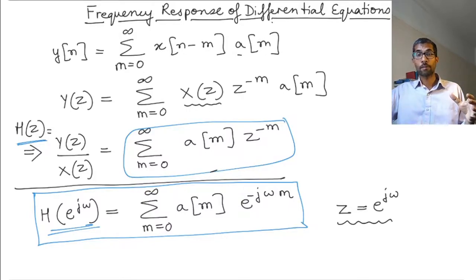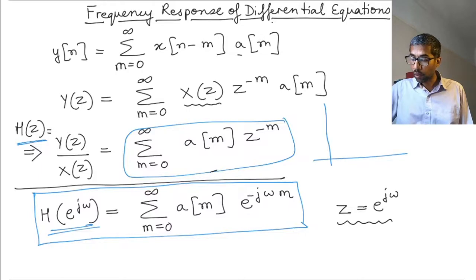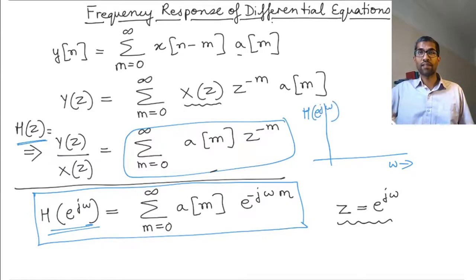And once you get that, if you can plot omega on the x-axis and H(e to the power j omega) on the y-axis, that will give you what kind of transformation is happening, right? In the next video we'll do that, and we'll check out what a few simple transformations do.